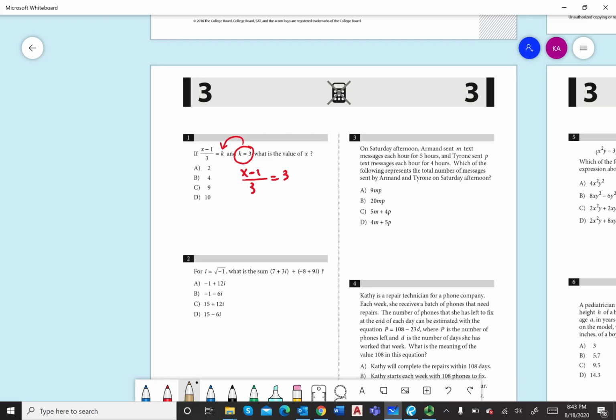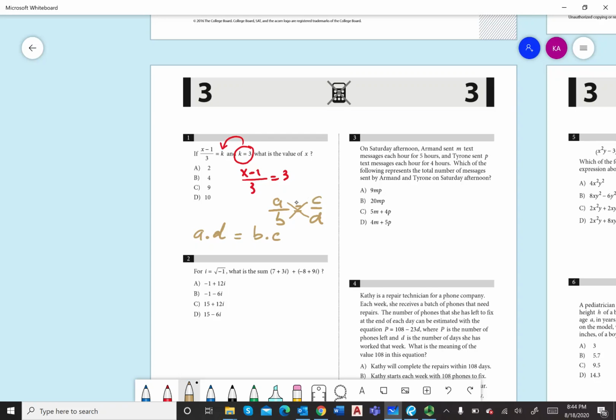The way you do cross multiplication is if you have a over b is equal to c over d, then a goes with d, and that product is equal to b times c. You do that when you have an equation with at least one fraction in it.